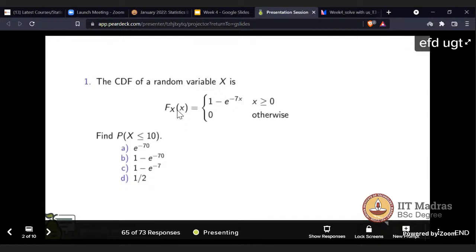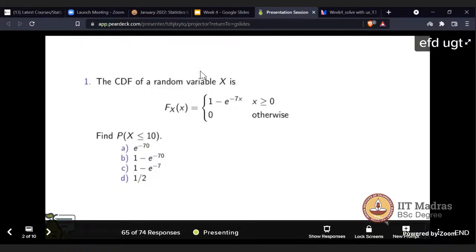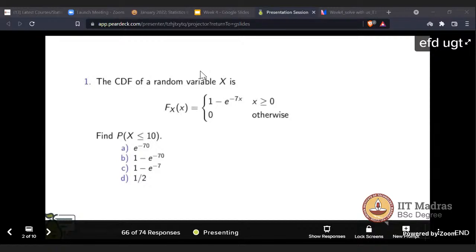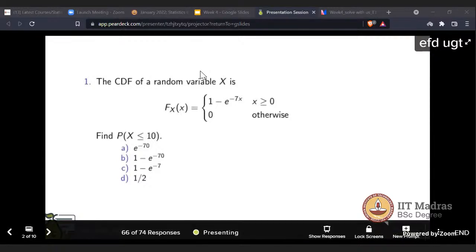F_X is given, so if you differentiate F_X, you get the PDF. Then that PDF you will have to integrate from minus infinity to 10. That is a cumbersome method, so why go that way? Since the CDF is given, you can always find the value directly.